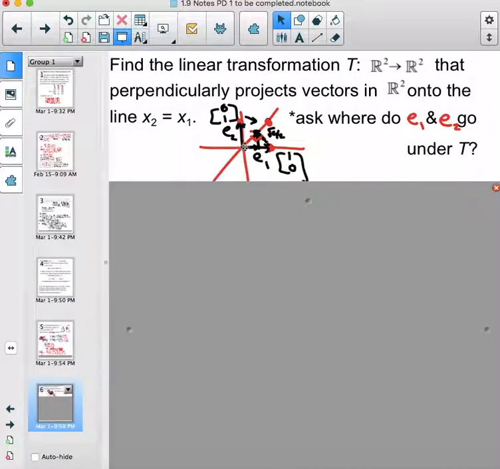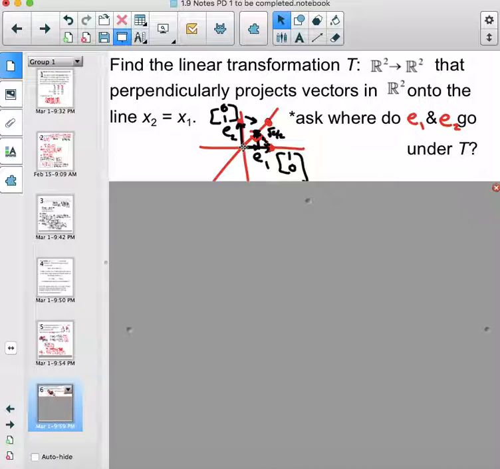And if you think about this going over 1 and up 1, think about a square right here. What is the hypotenuse length? Well, 1, 1, root 2. So the whole length is root 2 divided in half, and that will be where this vector ends up.